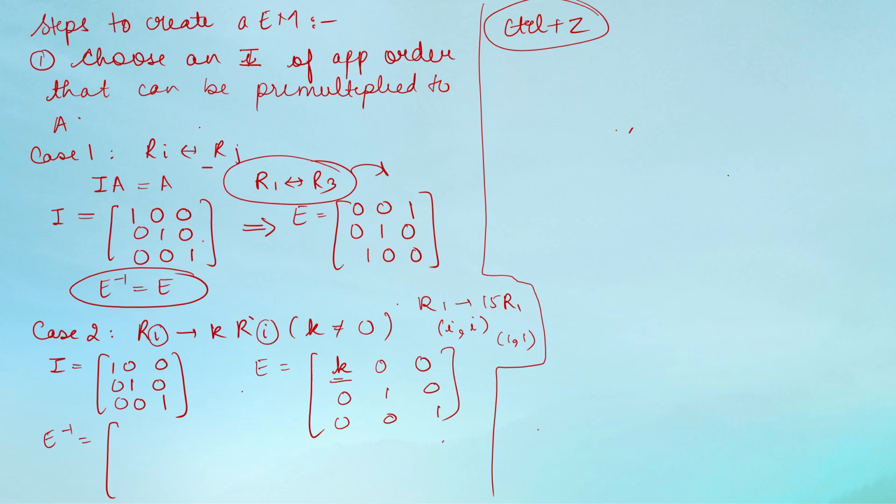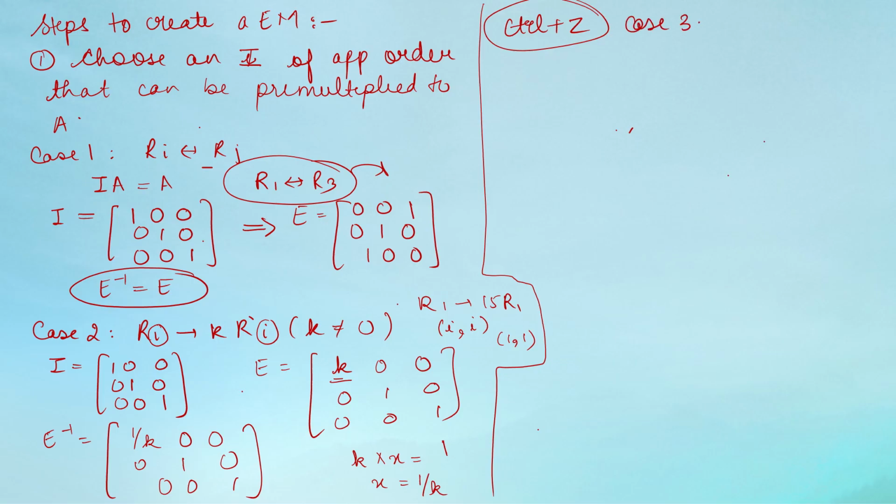If I say I have to get 1 from K and I have to get X, what is my X? 1 by K. So replace this K by 1 by K. And this will be our inverse. Simple. Let's move forward.